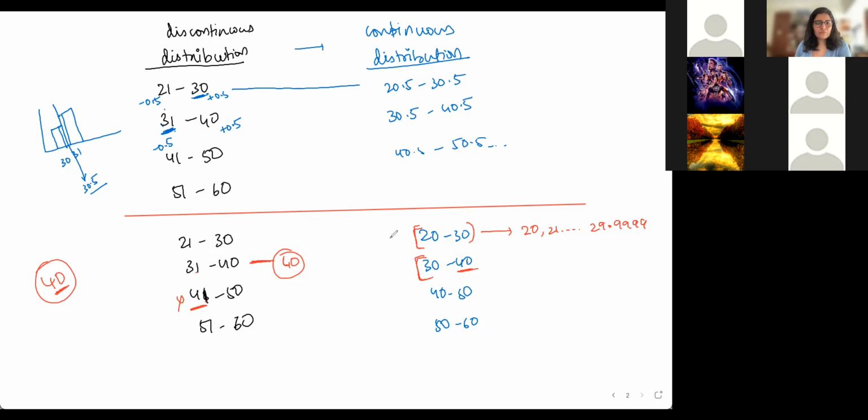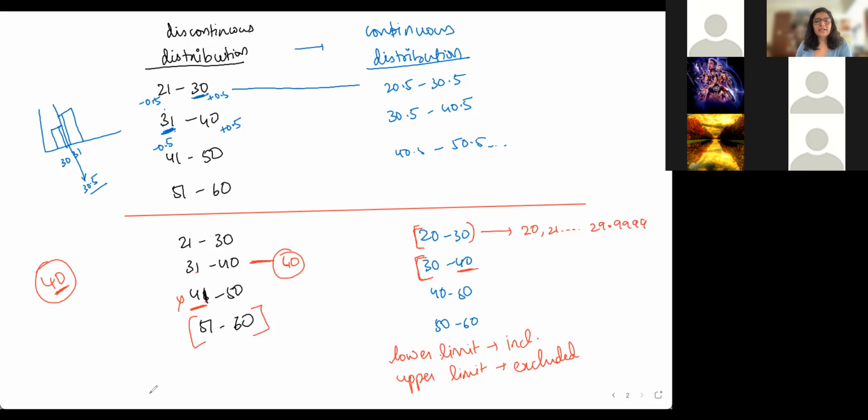So just to avoid this sort of confusion, in continuous distributions the lower limit is included and the upper limit is excluded. So you won't have such a problem in discontinuous distribution.